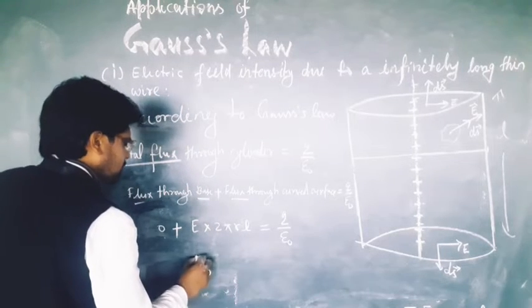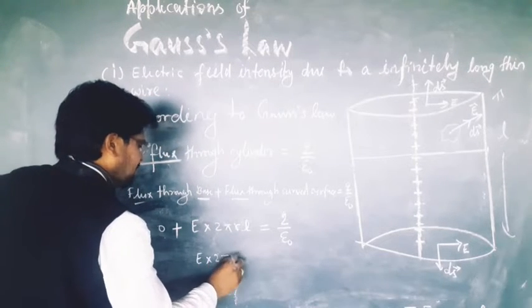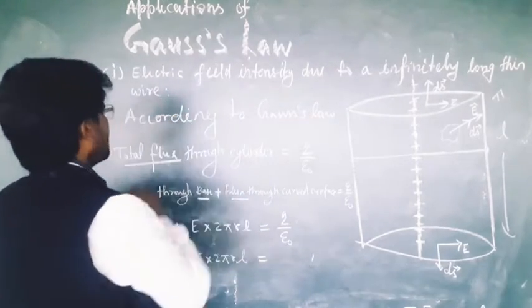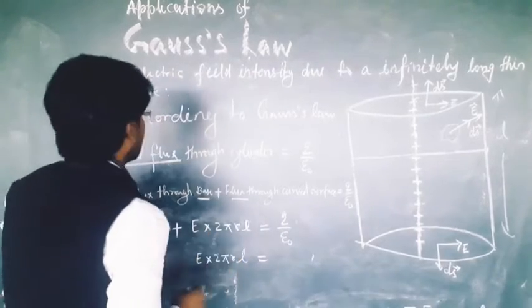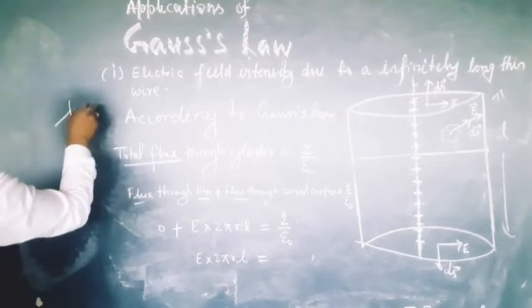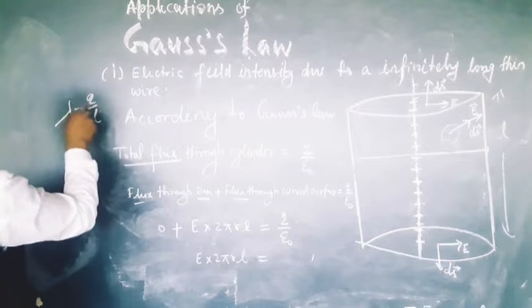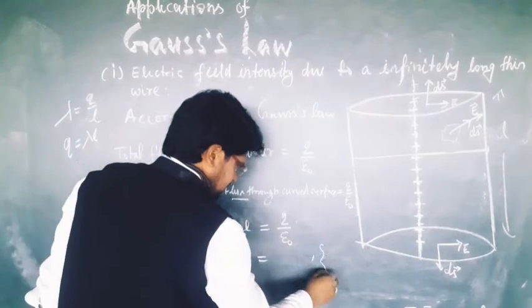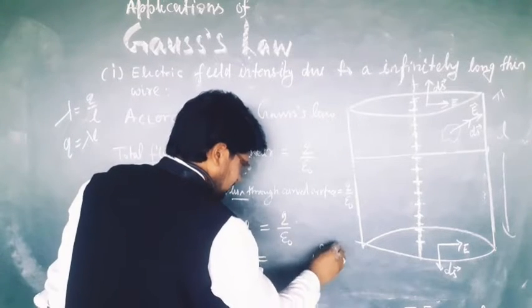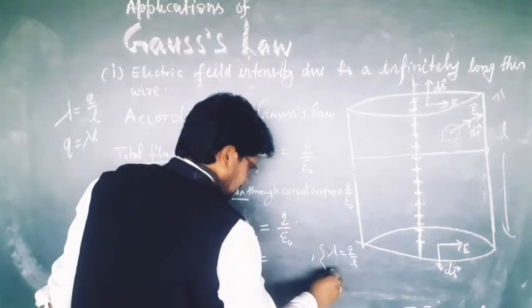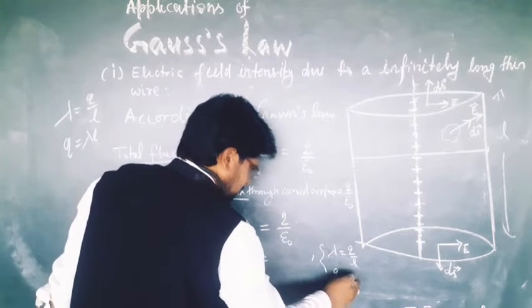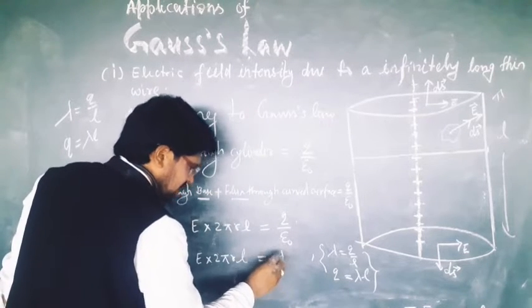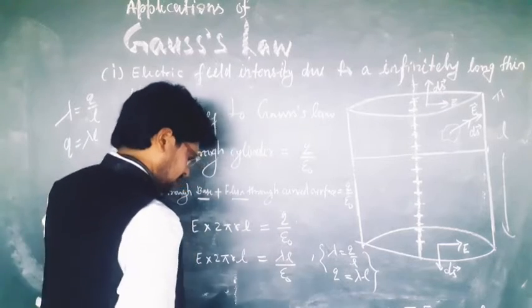So E into 2 pi rL is equal to Q upon epsilon naught, and we have to put in the value of Q here. We have considered earlier that lambda is equal to Q by L, therefore Q is equal to lambda into L. So in place of Q, we write lambda into L upon epsilon naught. Clear?